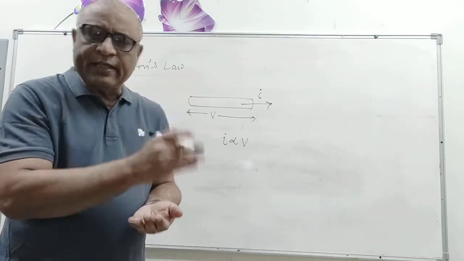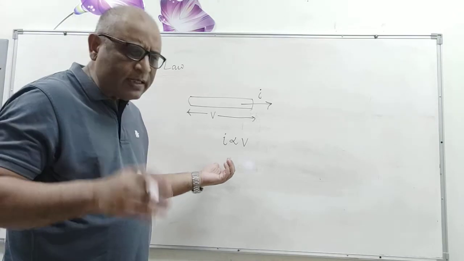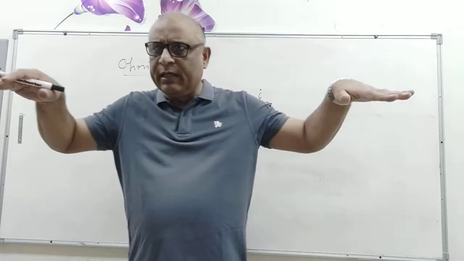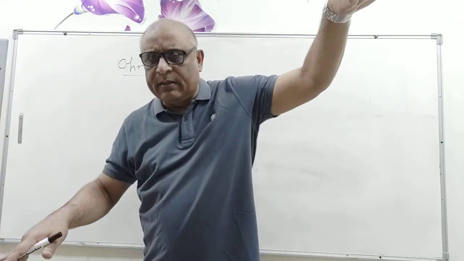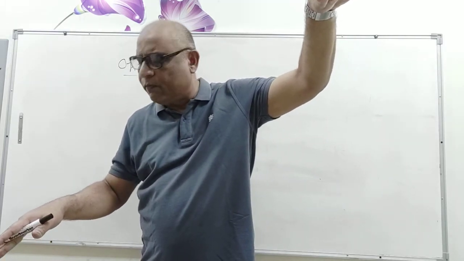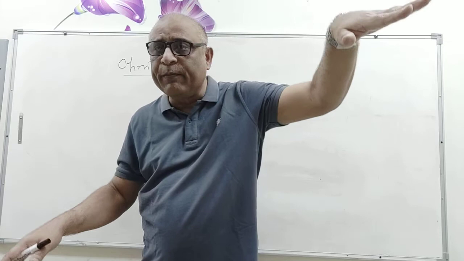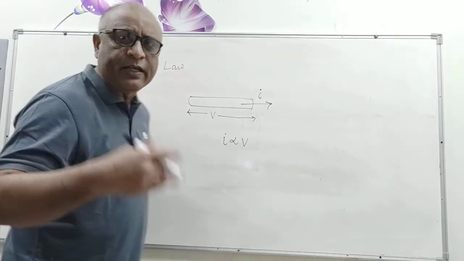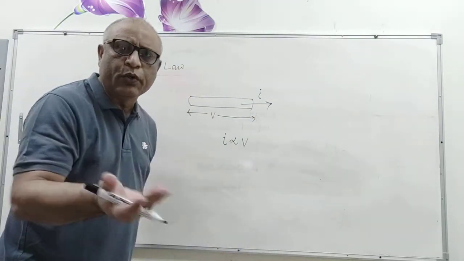When V changes, I changes. Just like if the declivity becomes steeper, then water flow is more. In the same way, when potential difference is more, then current is also more.